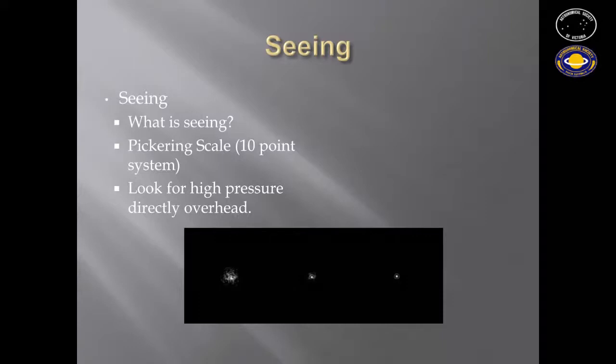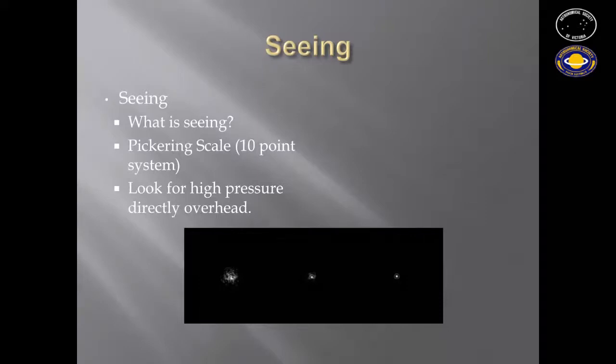There's also preparation beforehand, where you look at the high pressure maps and you might see a high pressure sitting directly over your location. When you see that, that is almost a sure sign that you may encounter, and I say may, it's not always the case, but most often you'll see good seeing of the order of 6 to 8 out of 10 on any given night, most commonly around 7 out of 10 when there's a high pressure sitting over.